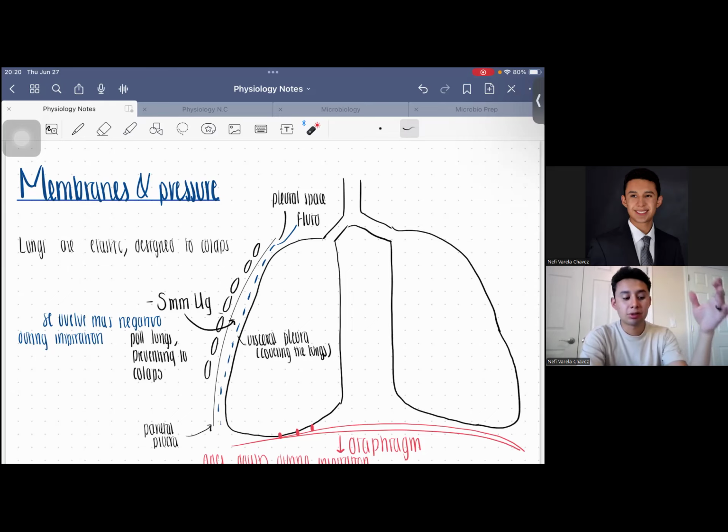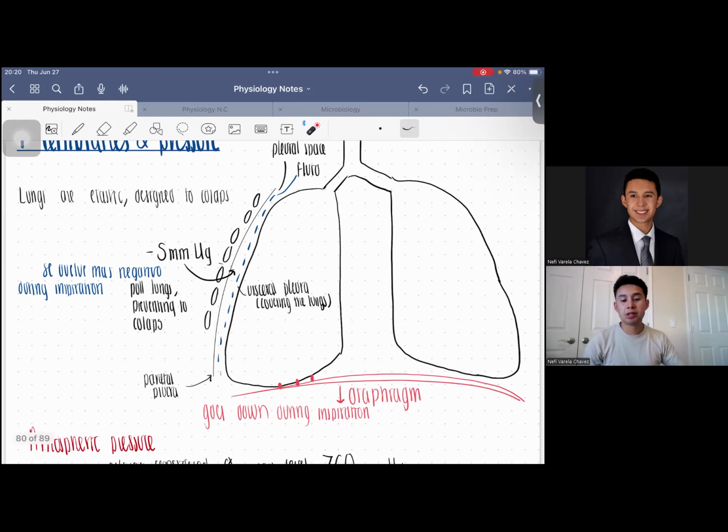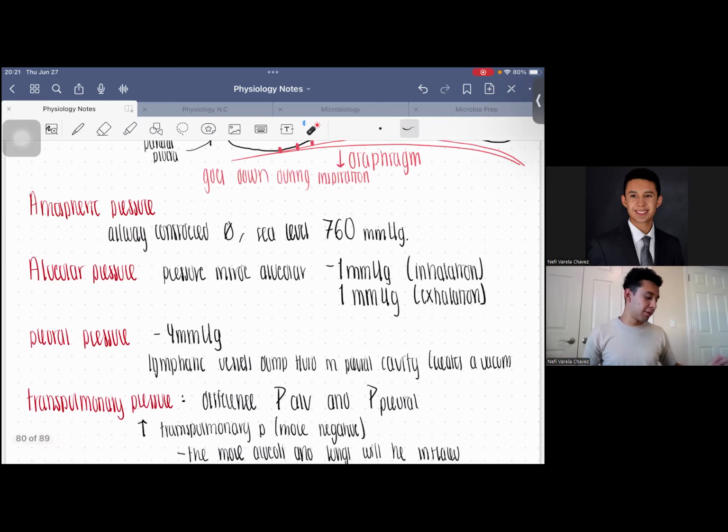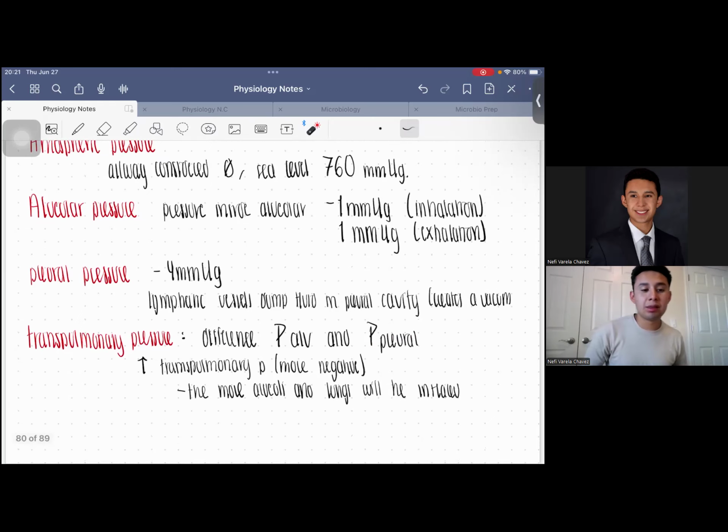We have also accessory muscles: the internal intercostals, external intercostals, even the pectoralis minor can play a role, and the sternocleidomastoid. But now let's just focus on the diaphragm that is going to go down during inspiration, making some space for our lungs to increase volume. So that's pretty much it with pressure.